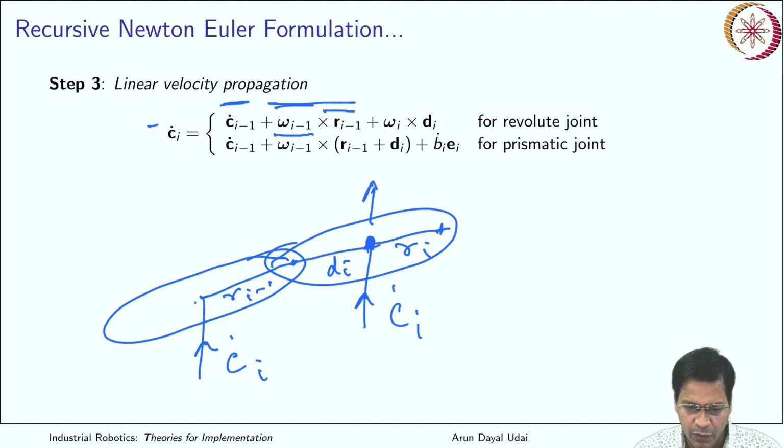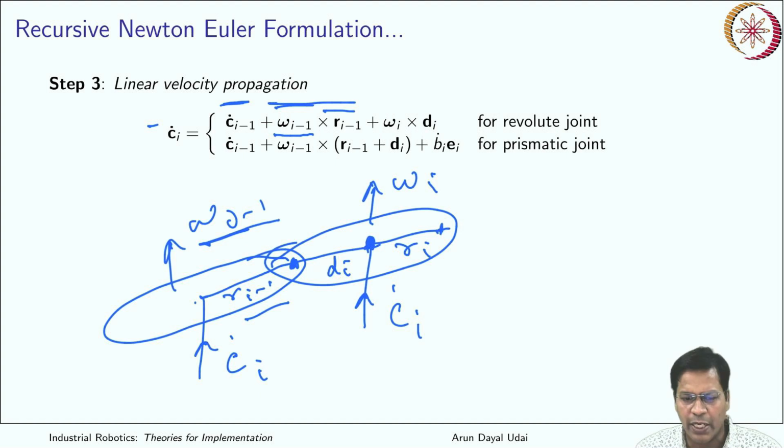This one has omega I, and this has omega I minus 1. If you have to transfer omega I minus 1 to this joint, you have to multiply with the distance which is here. So Ri minus 1 cross omega I minus 1 gives you the velocity that comes here. That is the velocity contribution due to omega I minus 1. This is pure velocity.